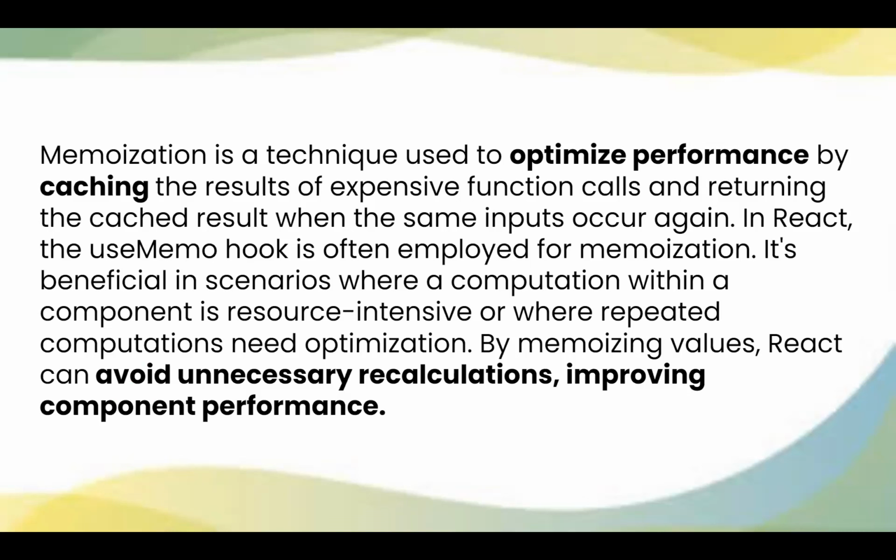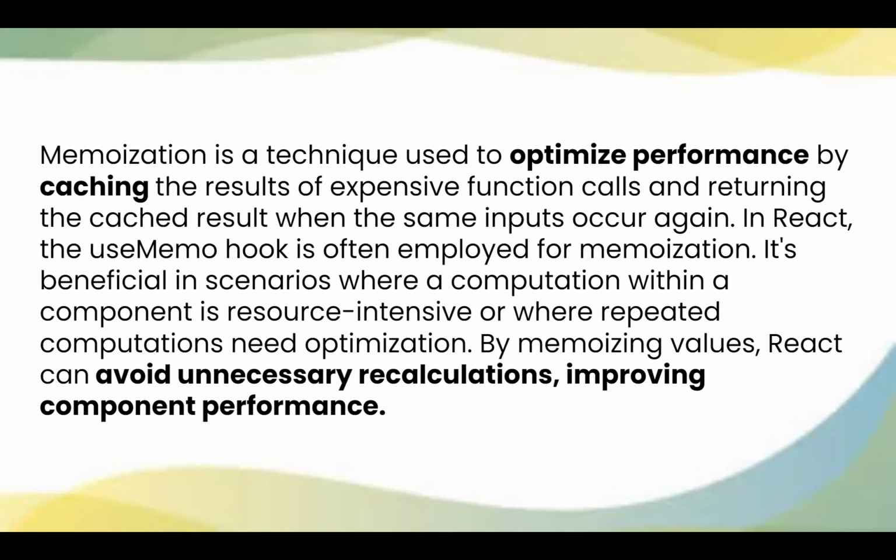So if we go by the definition, it's a caching technique. What does it do? Memoization helps to memorize what has changed and when. So when you provide an input or change something, it will be cached.